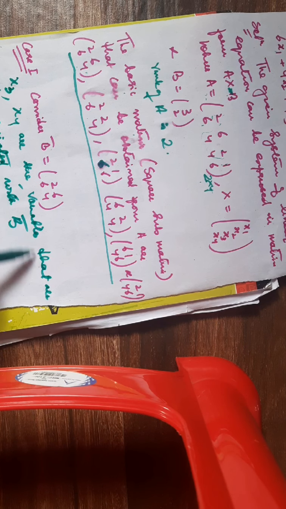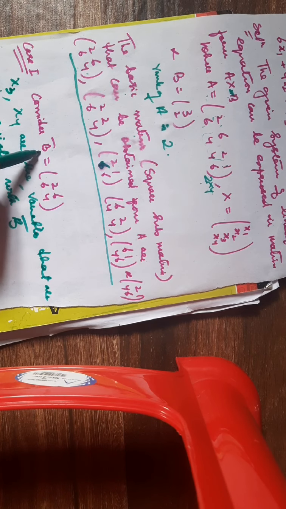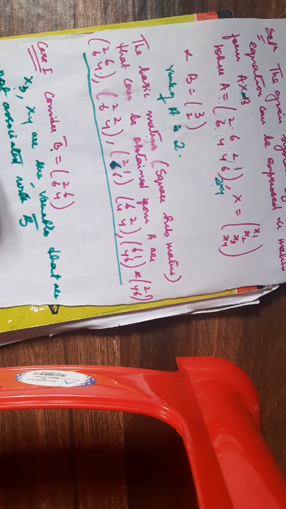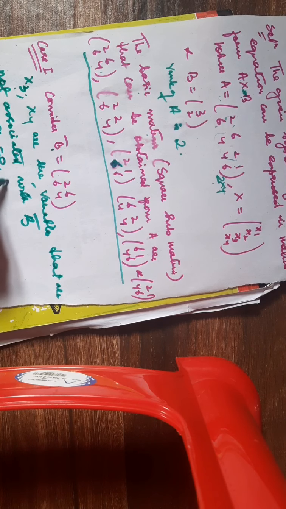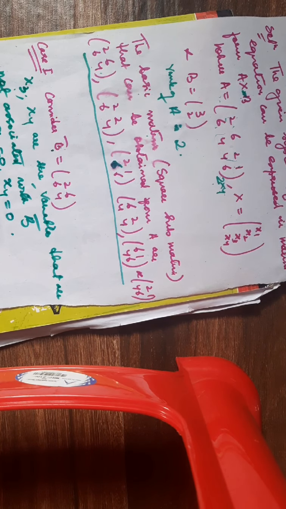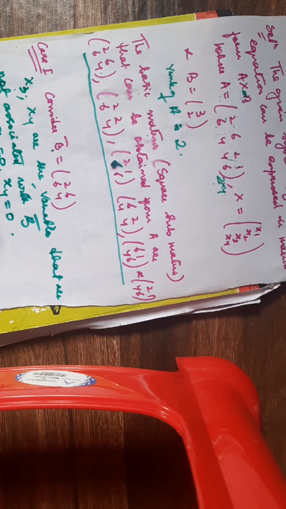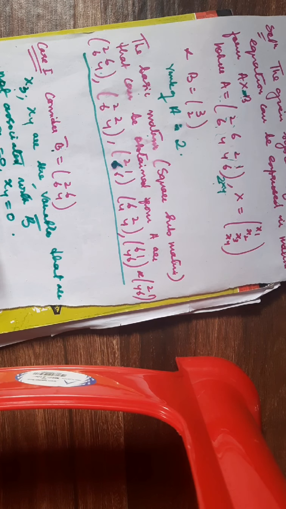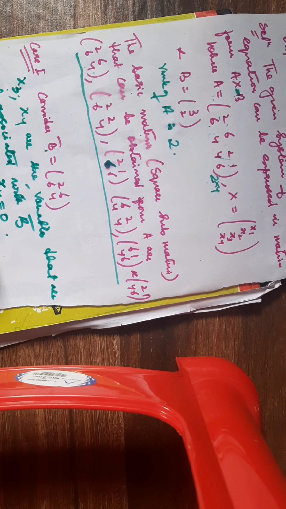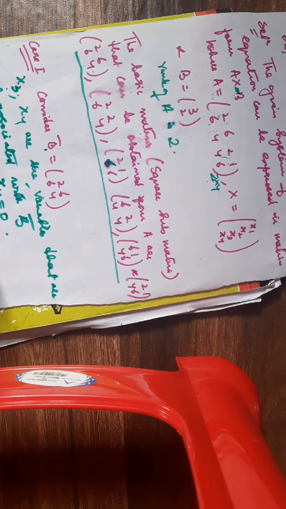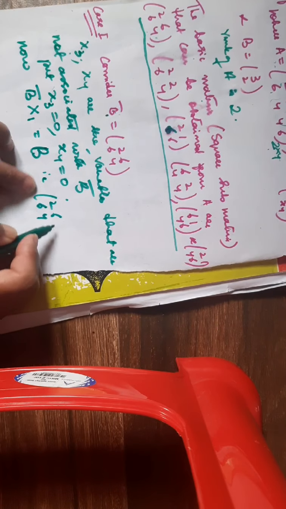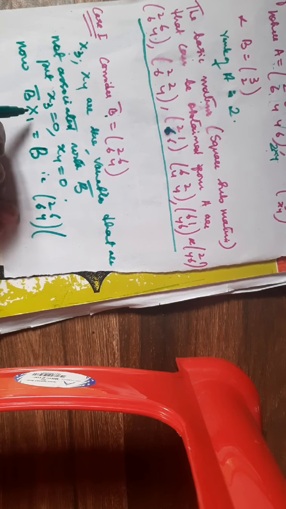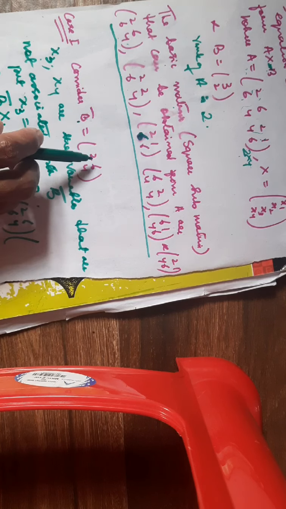So x3 and x4 are not associated with the basic submatrix B bar. In this case you put these variables to be x3 = 0, x4 = 0. Now you solve this one: B bar times the variables associated with B bar equals B, that is, 2, 6, 6, 4 times x1, x2, the variables associated with this B bar.